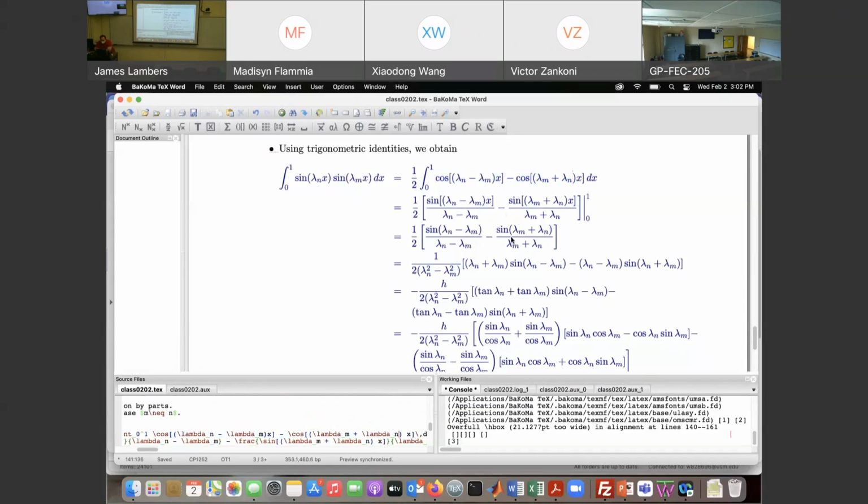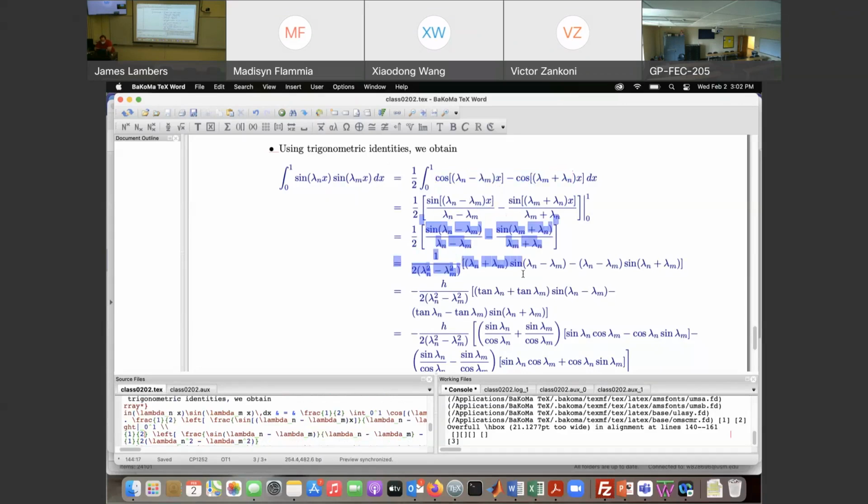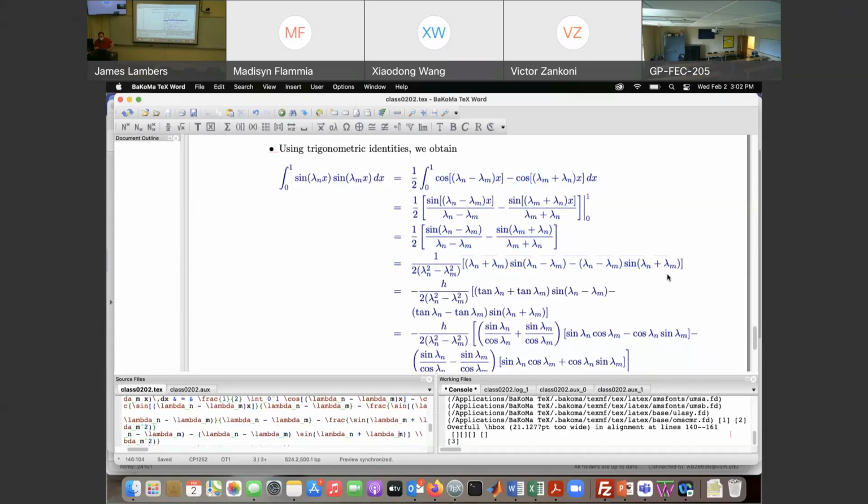So I go ahead and do that. And once I get down to this step, it seems like there's nothing more I can do, except there actually is, because so far I have not taken into account what I know about these lambdas.